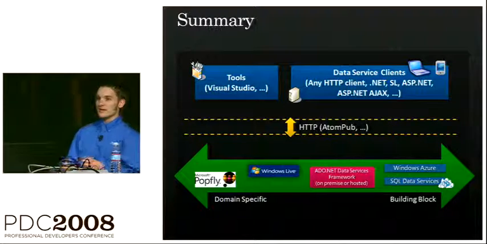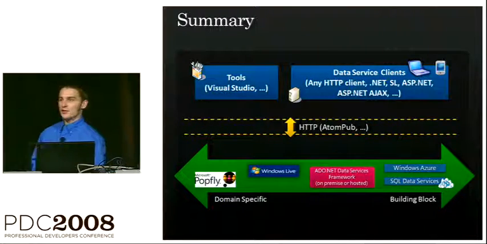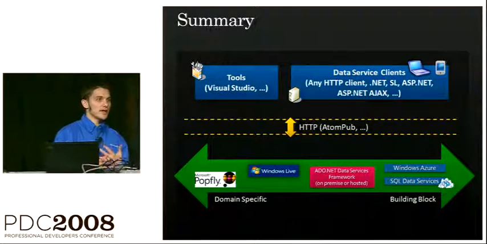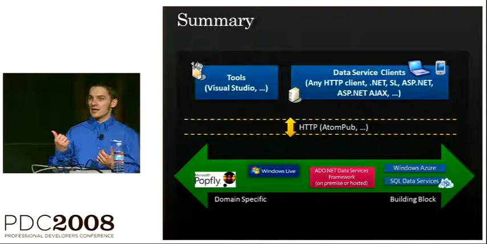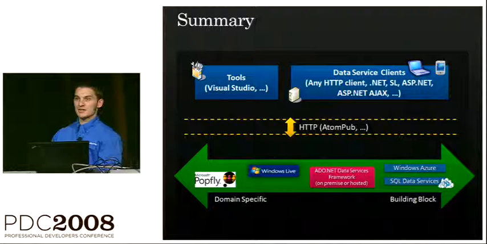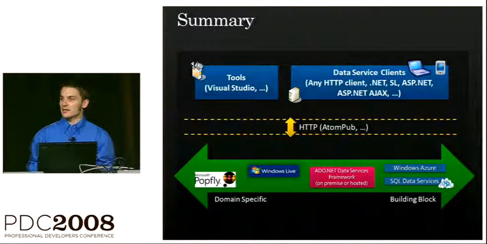So we ship a bunch of high-level client libraries, and that's what we were playing with today: the Silverlight library and the .NET Framework library. In the ASP.NET AJAX talk, you might have seen dynamic data. We've taught dynamic data to know about these types of services, so you can automatically take services from the cloud, bind them, and automatically have a site created.